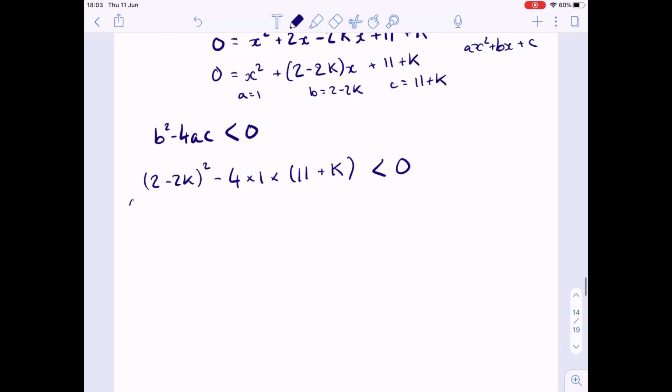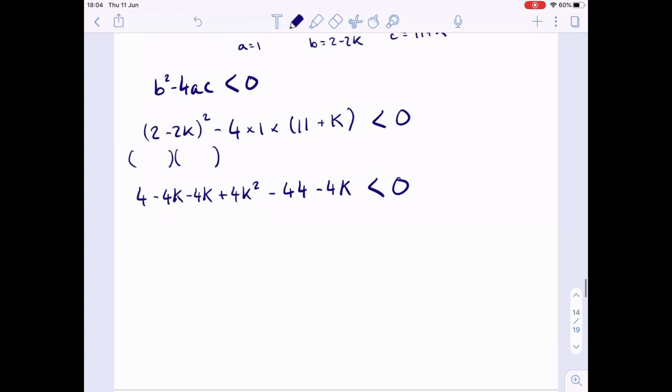And expanding this out, remember this is double brackets, will give me 4 minus 4k minus another 4k plus 4k squared. And then 4 times 11 is going to be minus 44. And then minus 4 times k is going to be minus 4k.